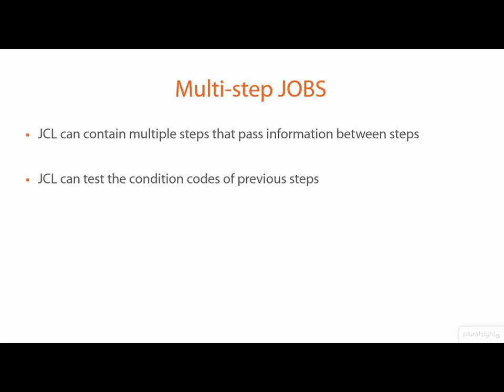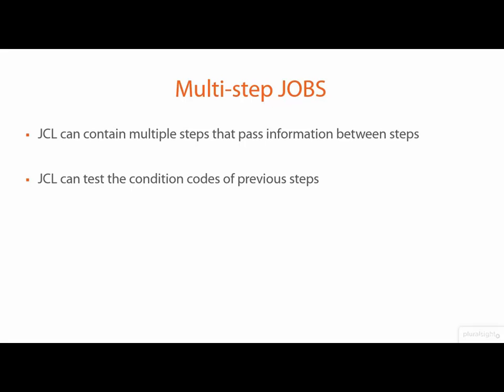In addition to this, we can incorporate a certain level of logic by testing condition codes. With condition code testing, we're able to determine whether or not a particular step should or should not run. This allows us to build steps within our JCL that are contingent on success or failure of previous steps.